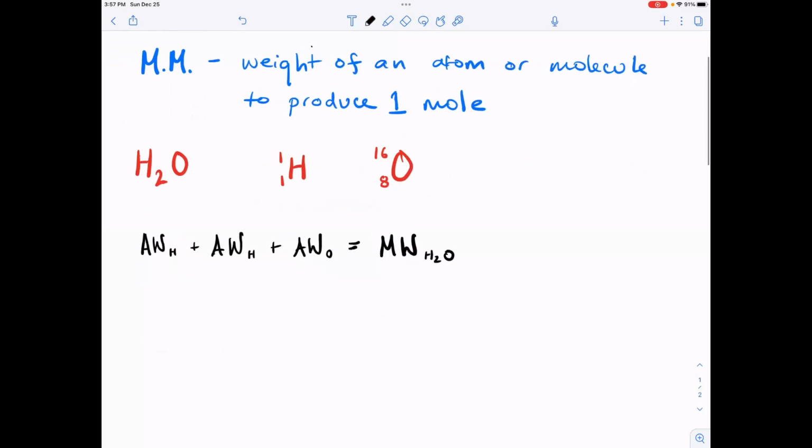So in our case right here, it's going to be 1 plus 1 plus 16, which is going to be 18. So the molar mass of H2O is going to be equal to 18 grams per mole. And it's actually that simple.